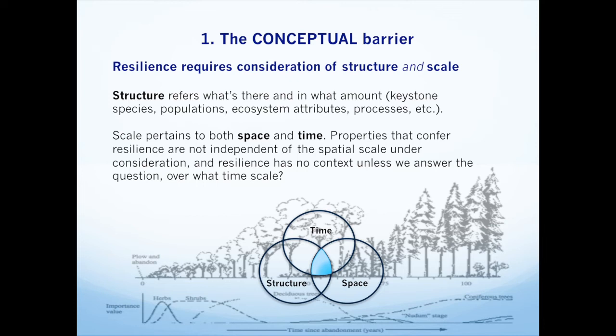We can have short time frames for particular disturbances, but other disturbances occur on much longer time frames. Our resilience definition needs to accommodate the fact that disturbance regimes occur at different temporal scales. So I've illustrated that time, structure, and space all require consideration in resilience.